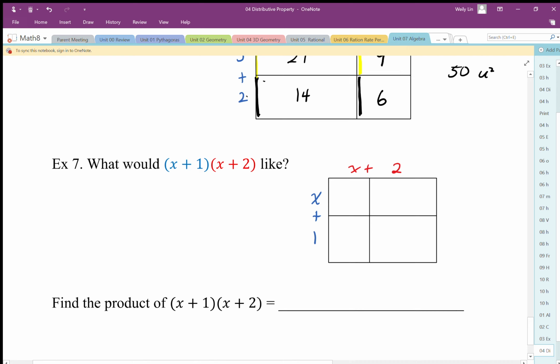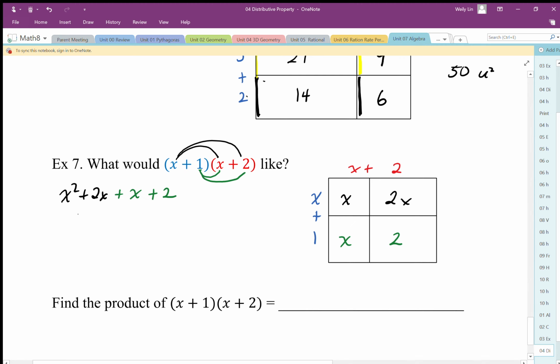And when I multiply this out, I just have to make sure that I multiply this length to that width, this length to that width. So I end up with x squared plus 2x. I have to multiply, let's choose a different color here, this length to that width. That gives me my x. And this length to that width. That gives me 2. And I have accounted for all the parts of my area.